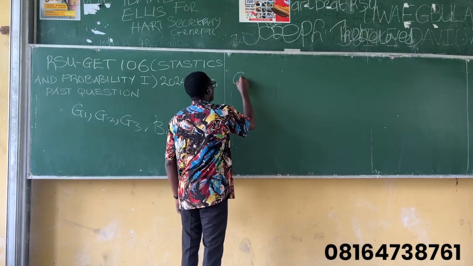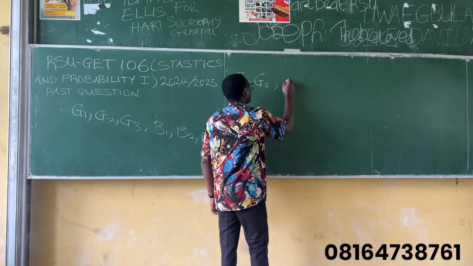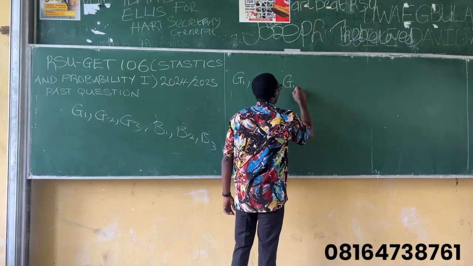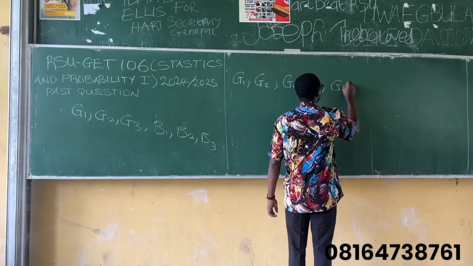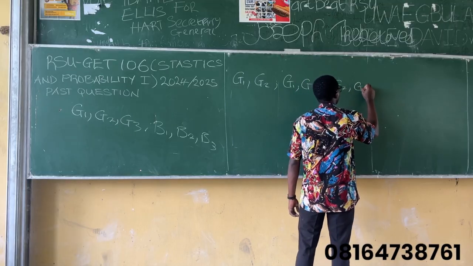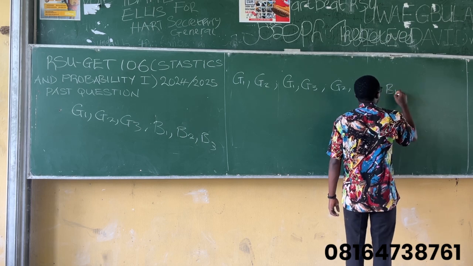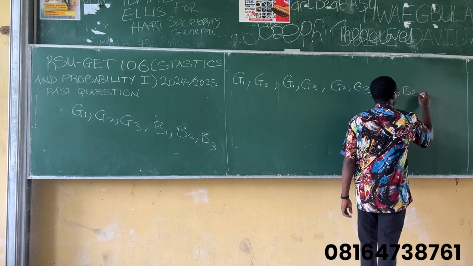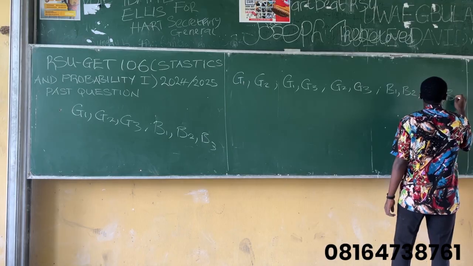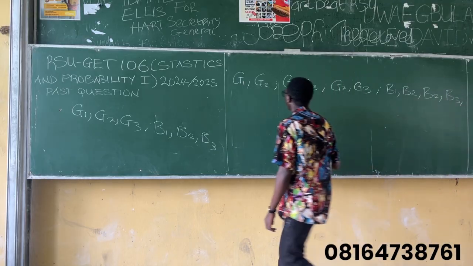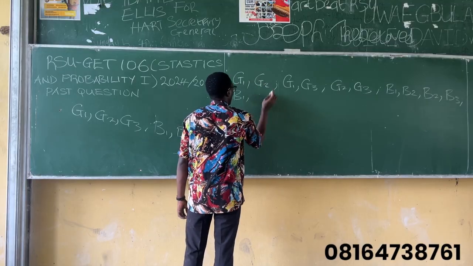We have G1 and G2, G1 and G3, G2 and G3, B1 and B2, B2 and B3, and finally B1 and B3.